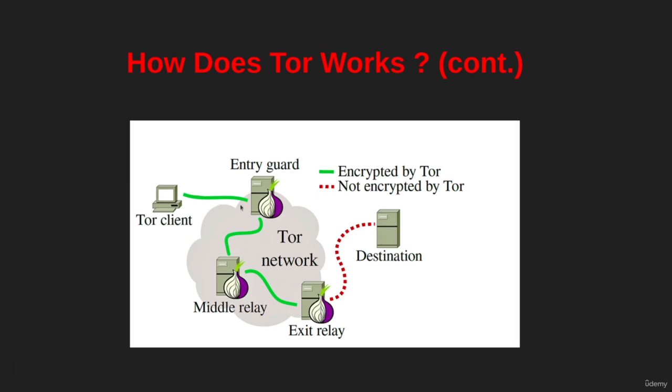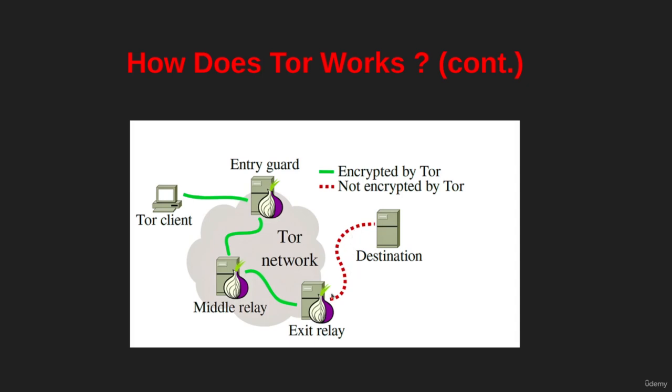You can see that the green is encrypted and the dotted red lines are not encrypted by Tor. The entry guard knows the IP of the Tor client, but the exit relay knows where the destination is.